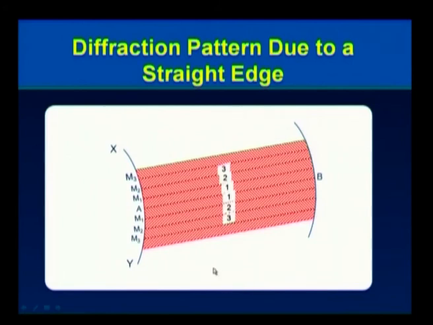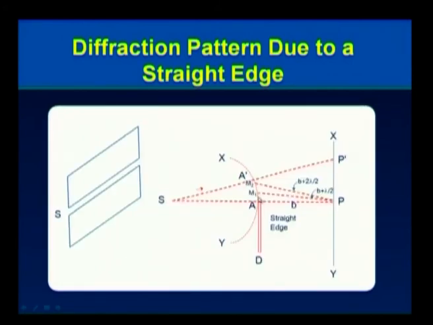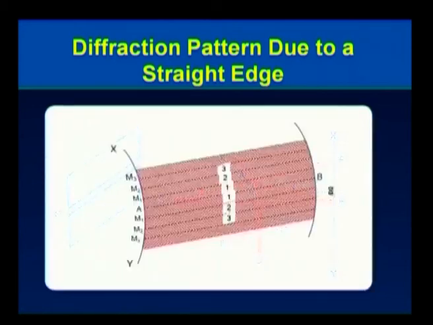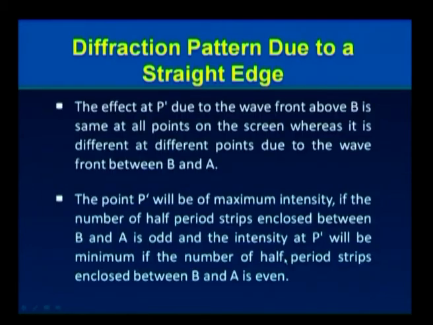A is here, and you have to find out how many. AM1 is the first cylindrical strip, M1M2 is the second, it is not half period zone, half period strip. So, the light coming from the first strip, second strip, these things are to be considered to find the intensity at P, and similarly the intensity at P prime. They are the half period strips.